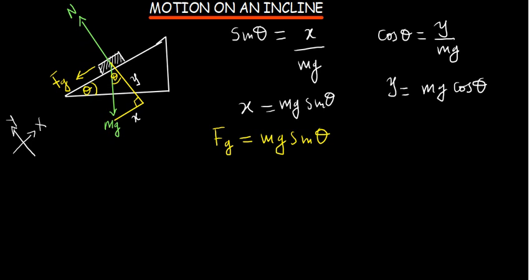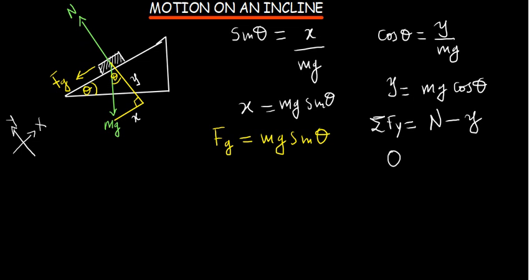Now if we look at the net force in the y direction on this object, we first consider the force going up minus the force coming down, that is y. Since this object is not moving up or down, it's not jumping out of the incline, it doesn't have any acceleration up or down, so the net force is 0.